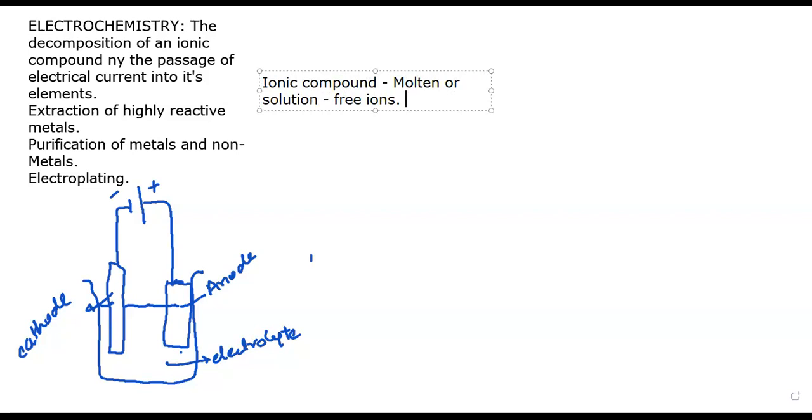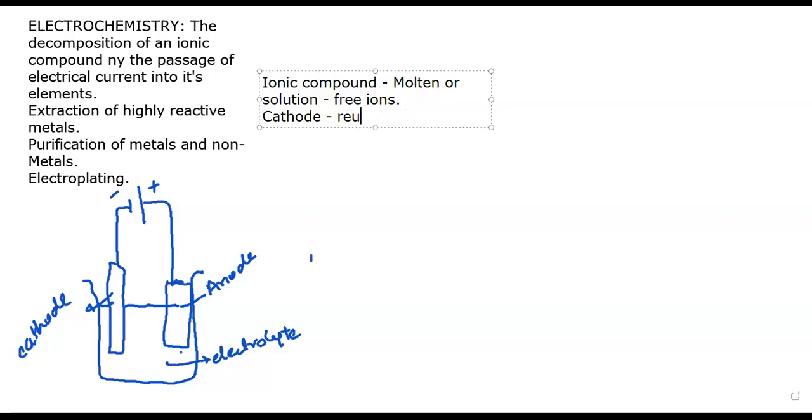So we have the electrolyte, the cathode, the anode and the power supply. The electrolyte is the compound that gets decomposed. Electrodes are rods, which we can make from carbon or from a non-reactive metal like platinum. Now, for the reactions in electrolysis, at the cathode the reaction is reduction.